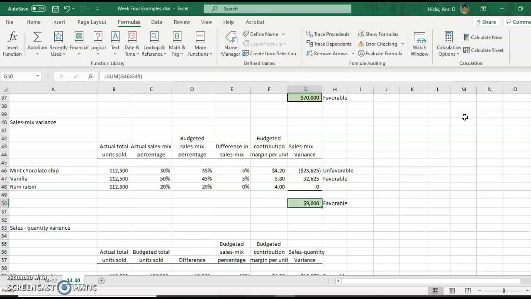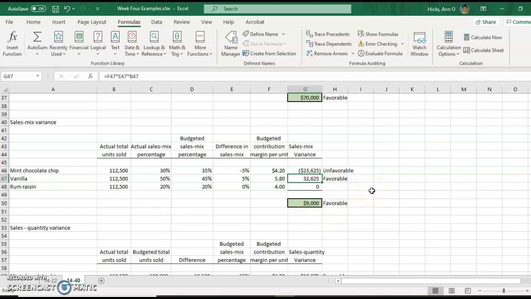And a lot of that, notice, is because the budgeted contribution margin per unit was higher for the vanilla that we sold more of than it was for the mint chocolate chip that we sold less of. And so that favorable variance absorbed and then some the unfavorable variance for mint chocolate chip.